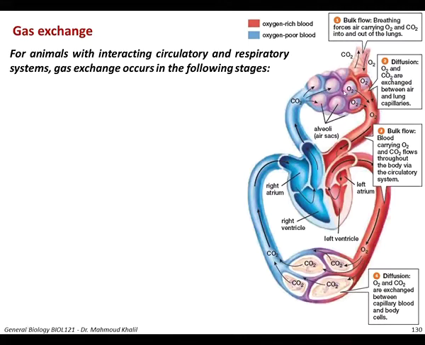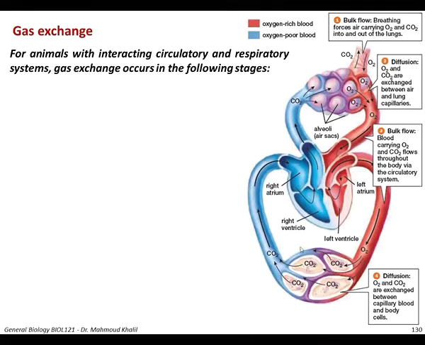Soon after that, blood is collected by larger arteries, and these arteries convey the oxygen-rich blood to the left atrium. In the left atrium, the blood is moved to the left ventricle, where it is pumped through the aorta to the rest of the body, represented here by this capillary bed.